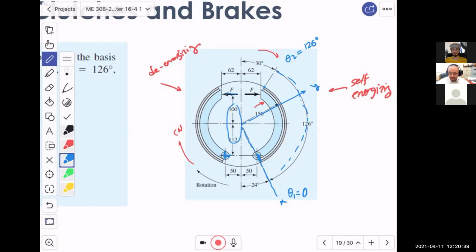And now the little bit trickier question is, what is A? We know, by the way, the radius is 150, but what is A? Do you remember what is A? A is the distance from the center all the way to the pivot. So what is A? How do we calculate it? This is A. Come on, it's not Ramadan yet.